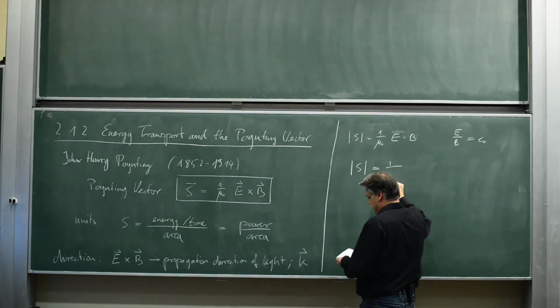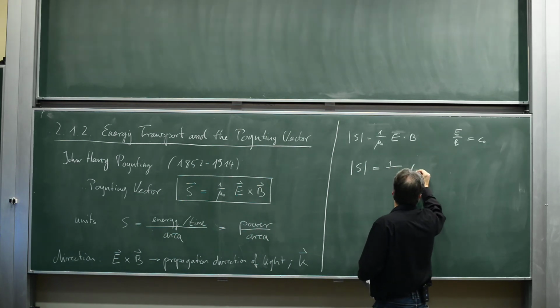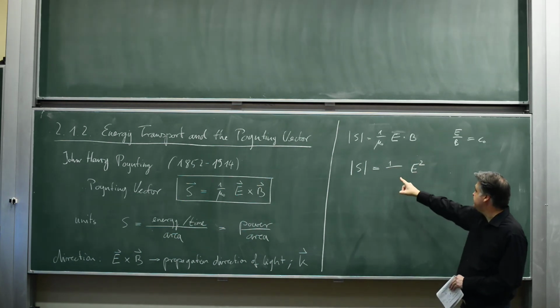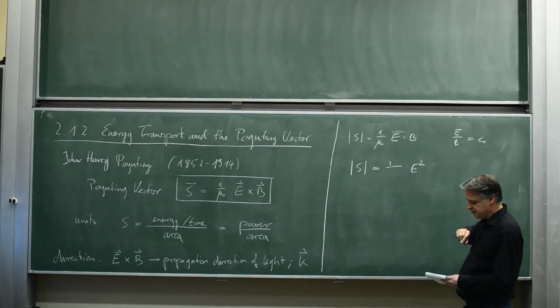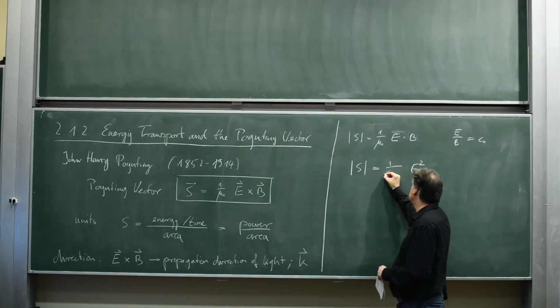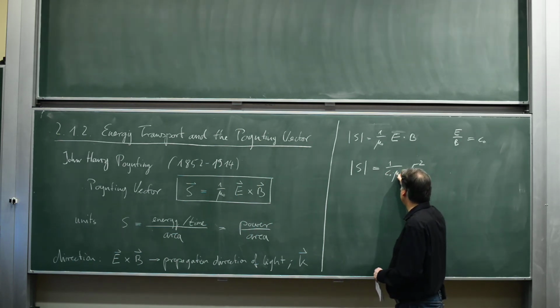1 divided by E squared. And now what do we have to put here? Let's combine these two prefactors and we get speed of light times mu naught.